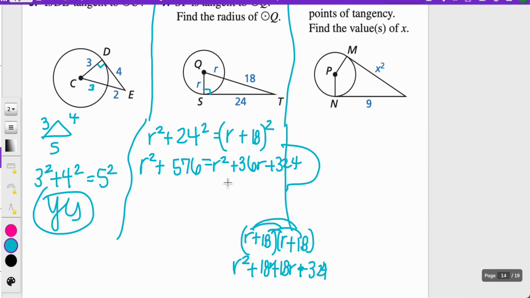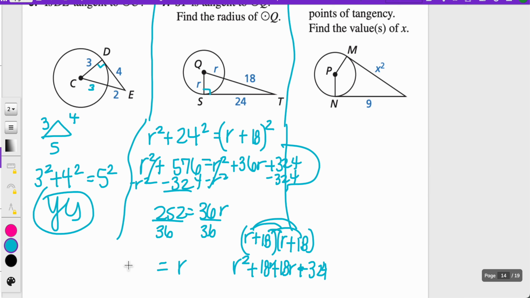Okay, I'm going to go ahead and notice my r squareds can be canceled. And then I'm going to move this 324 with the 576 by subtracting it. So I'm going to get 252 is equal to 36r. Dividing both sides by 36, r is equal to 7.